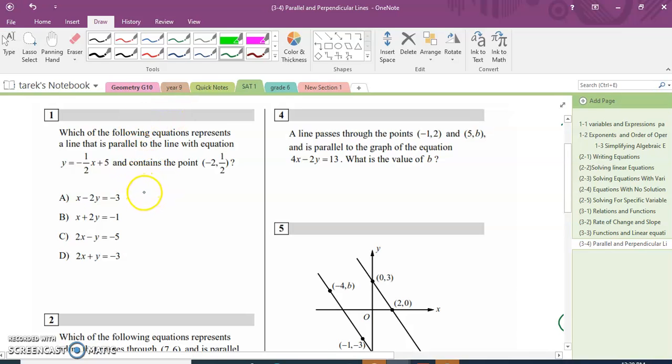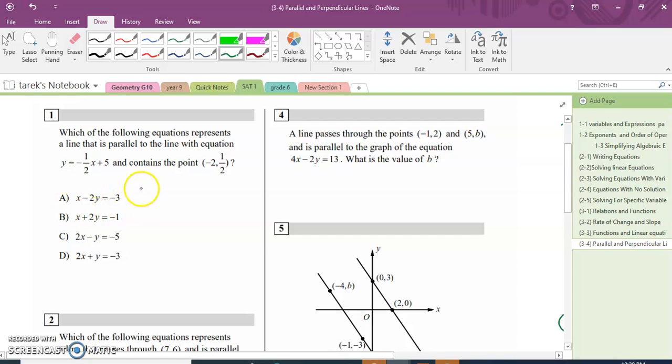He is asking about the equation of a certain line which is parallel to this line. Since it is parallel, it has the same slope, which is negative 1 over 2, and passes through the point negative 2, 5.